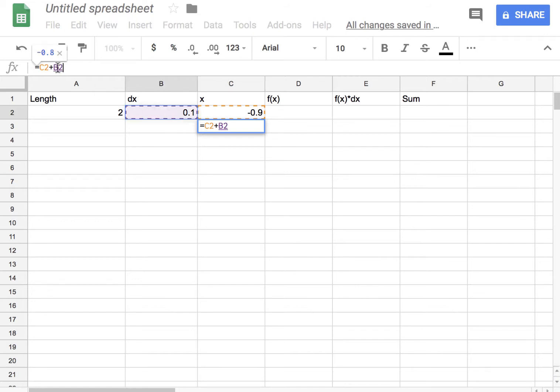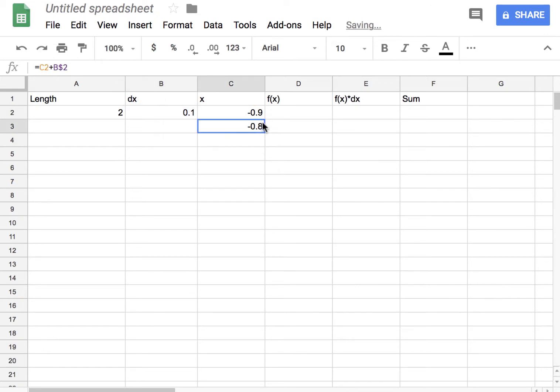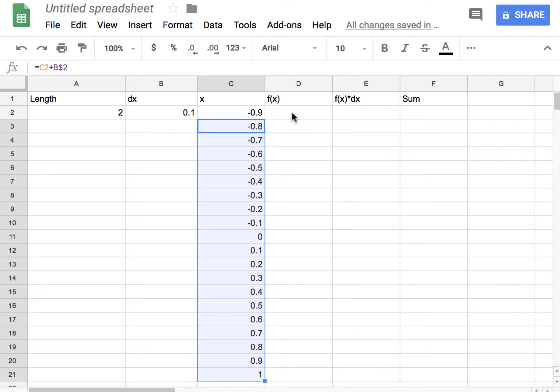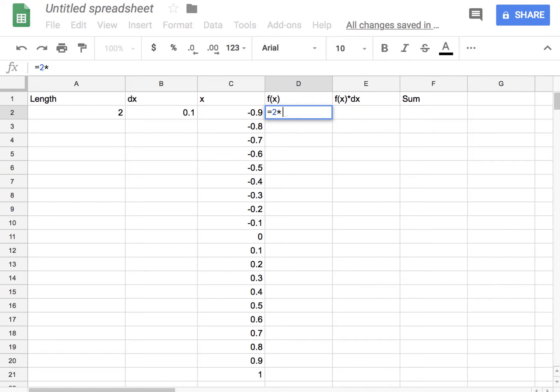So this would equal this value plus our step. And because we don't want to lose it, we'll put a $ sign there, and scroll down until we get to 1. Should be 20 spaces. Now we got all the way to 1. f of x is equal to 2 times x squared.